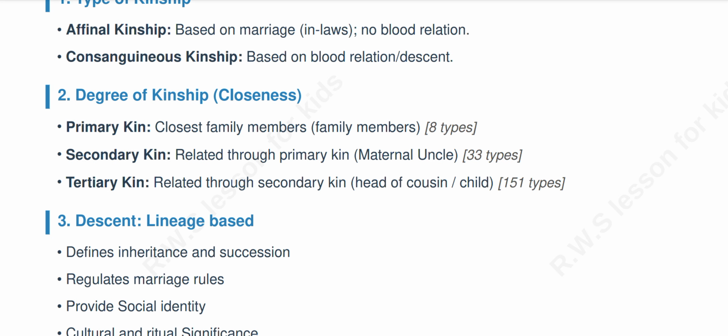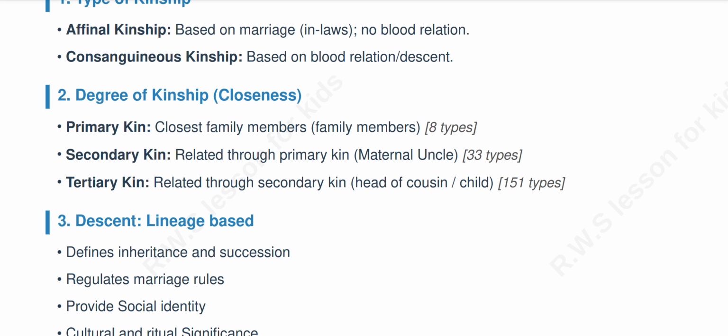Then comes secondary kin. These are basically the primary kin of your primary kin, related through primary kin. For example, maternal uncle. Your mom is your primary kin, right?